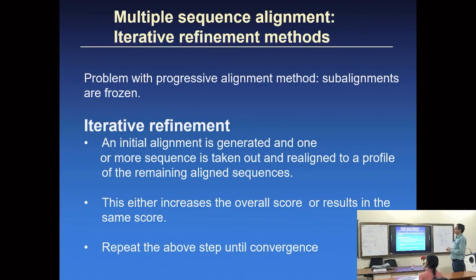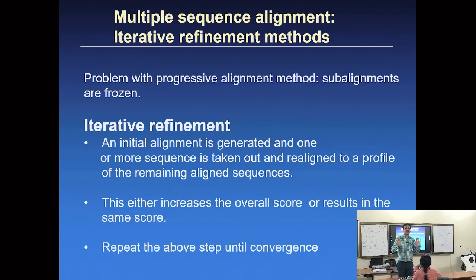Okay, so there could be a problem with progressive alignment, and this is something that we were already discussing: once you have the profiles from earlier stages of multiple alignment, it is frozen. You don't change it. Scores are frozen, alignments are frozen. But it is possible that at the earlier stages there might have been some errors in the alignment. But because you keep it frozen, it is never changed.